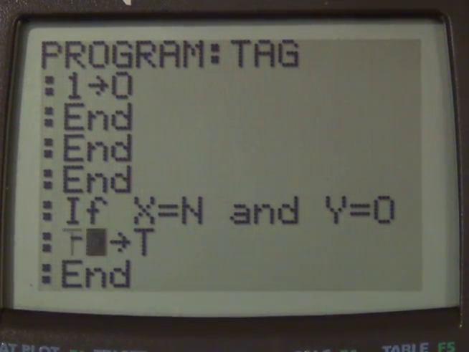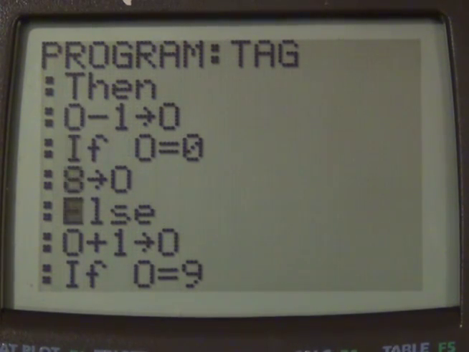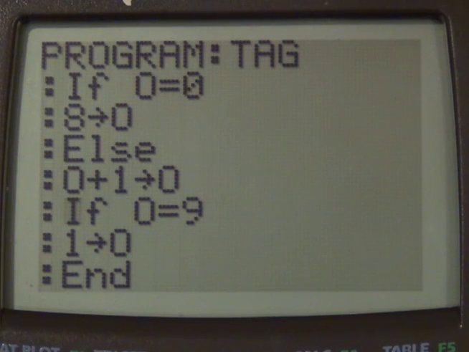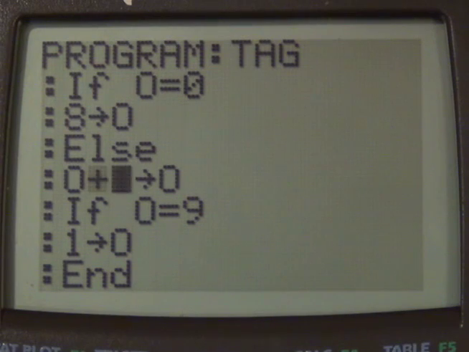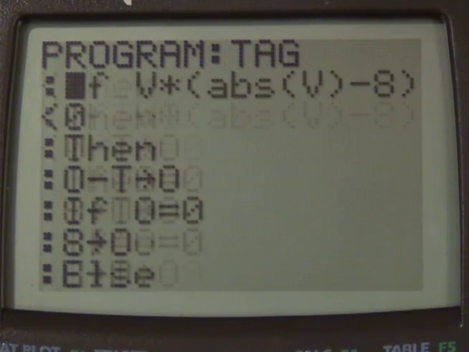So I'm going to use T as what we add to his values for getting closer or further.